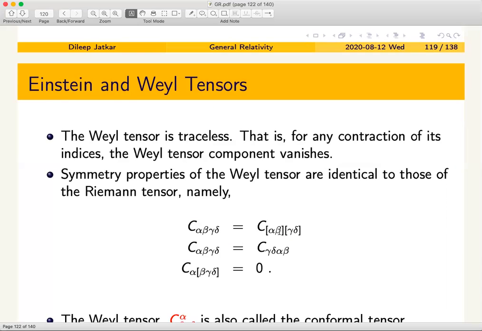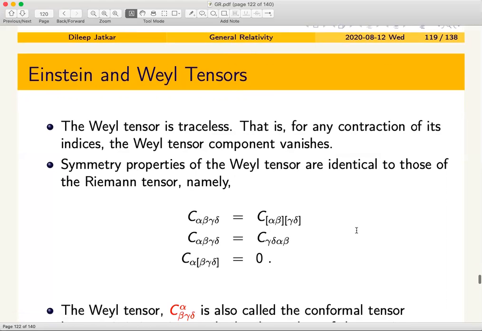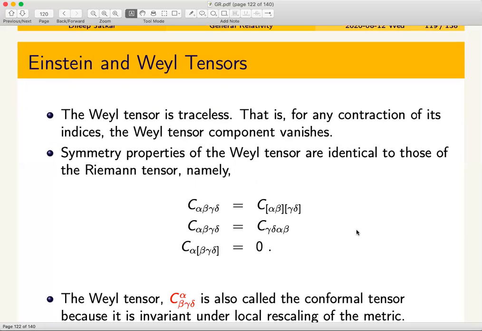This statement is a pairwise exchange here, and therefore it doesn't flip sign. But if I do only one flip, then I should have written a minus sign there. So we are writing down the antisymmetry property of both the pairs here. And the last property is, of course, the algebraic Bianchi identity, where you fix one index and cyclically permute the remaining three.